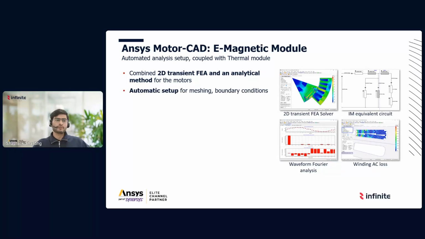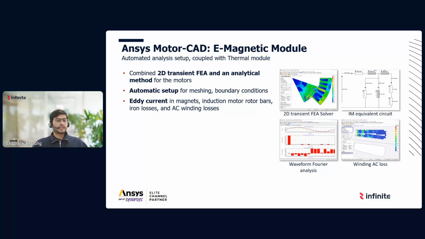You do not have to worry much about the setup because it automatically sets the meshing and boundary conditions. Of course, you can tweak these parameters according to your requirements if you want to mesh some detailed points and regions more specifically.